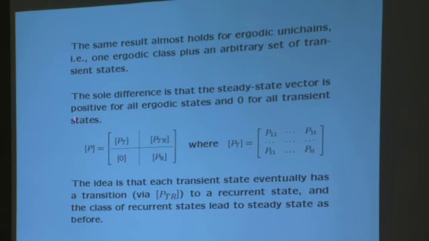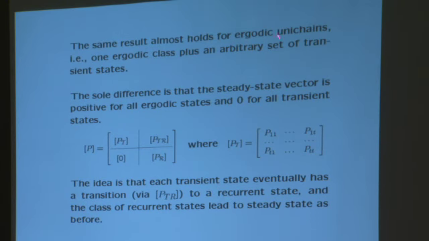Okay, so the other way of looking at this is when you have a bunch of transient states and you also have an ergodic class, you can represent a matrix if the recurrent states are at the end of the chain and the transient states are at the beginning of the chain. This matrix here is the matrix of transition probabilities within the recurrent class.